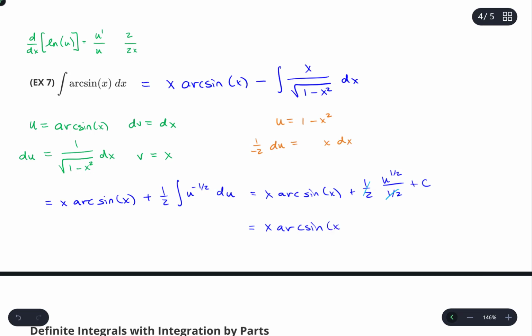That's going to be x arcsine x plus, and then u was 1 minus x squared, and I know that I used u in this case and u in this case. You can switch and use a different variable name if you like, but as long as you understand your own notes, that's fine. And this would be the square root of 1 minus x squared, and finally plus c.